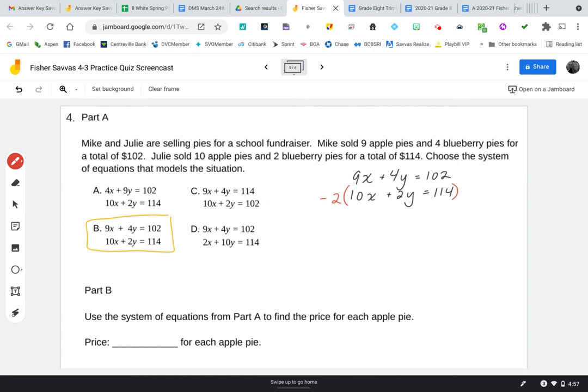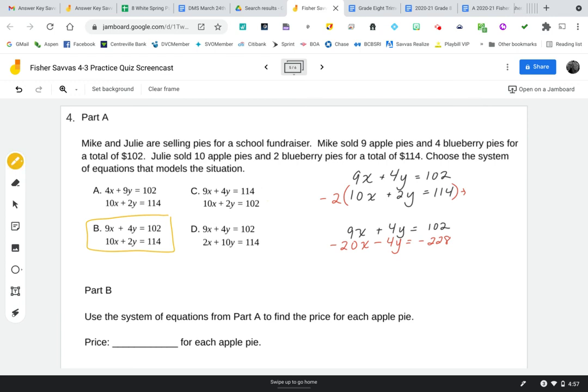So that's going to give me a bottom equation of, I'm going to write it down here. So negative 20x minus 4y is equal to negative 228. And then, of course, my original top equation, I have 9x plus 4y is equal to 102.